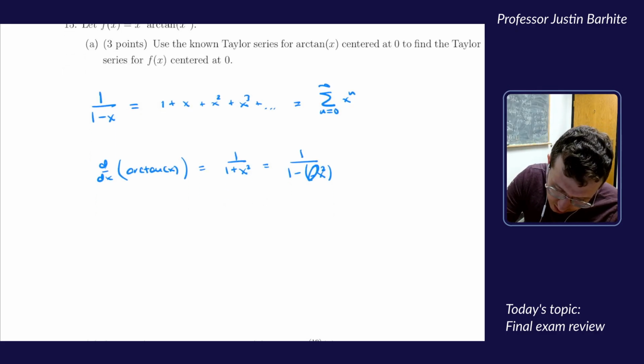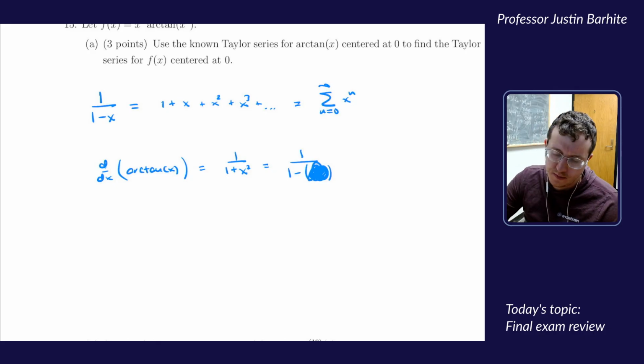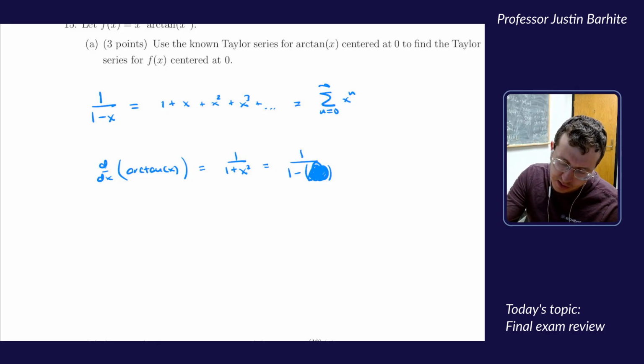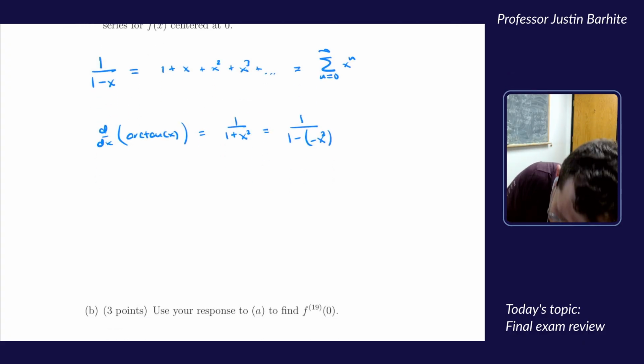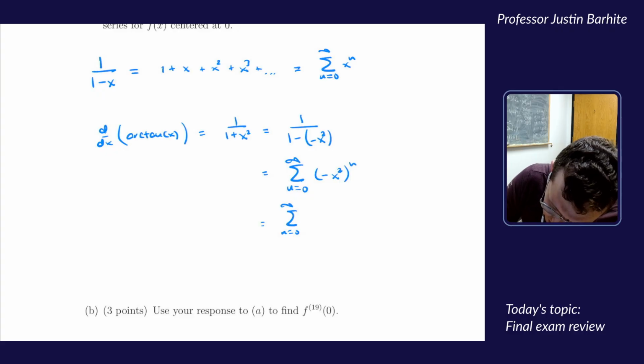So the idea is that if I substitute that minus x squared in right here, this is the sum of (minus x squared) to the n, which is (-1) to the n, x to the 2n.